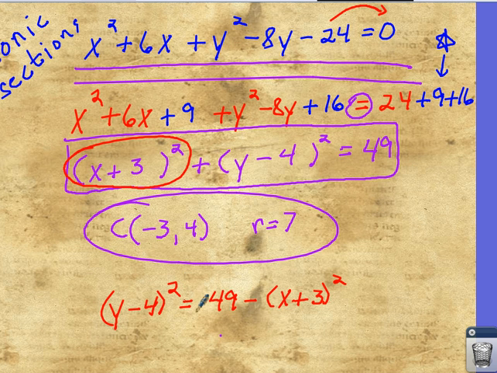Next thing you do, you take this squared and you've got to move it over. So now you have y minus 4 equals. To move a square over, you have to square root, but here's what everybody forgets: plus and minus. 49 minus x plus 3 squared.